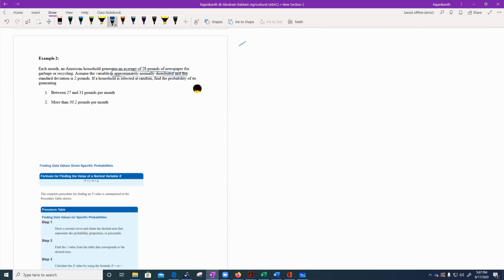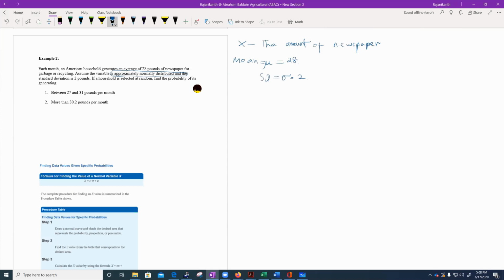Therefore, my x here is the amount of newspaper. The mean of this problem is the average, which is 28, and the standard deviation, SD, sigma, is given, which is 2 pounds.